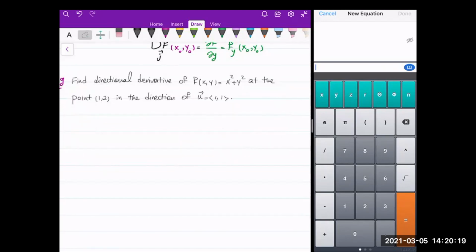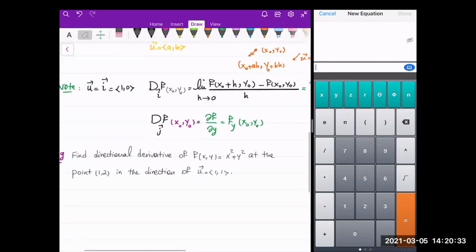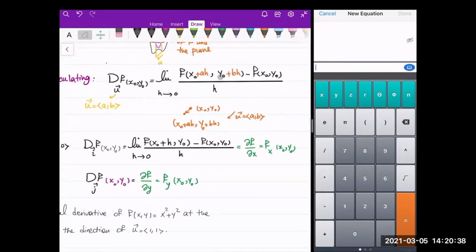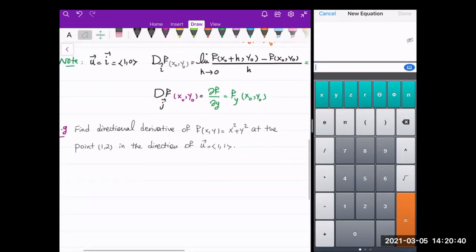Okay, find the directional derivative of this function at the point (1, 2) in the direction of u. I would like to do that, but I'm not going to use the definition of the directional derivative, which was this one. I would like to use a formula.